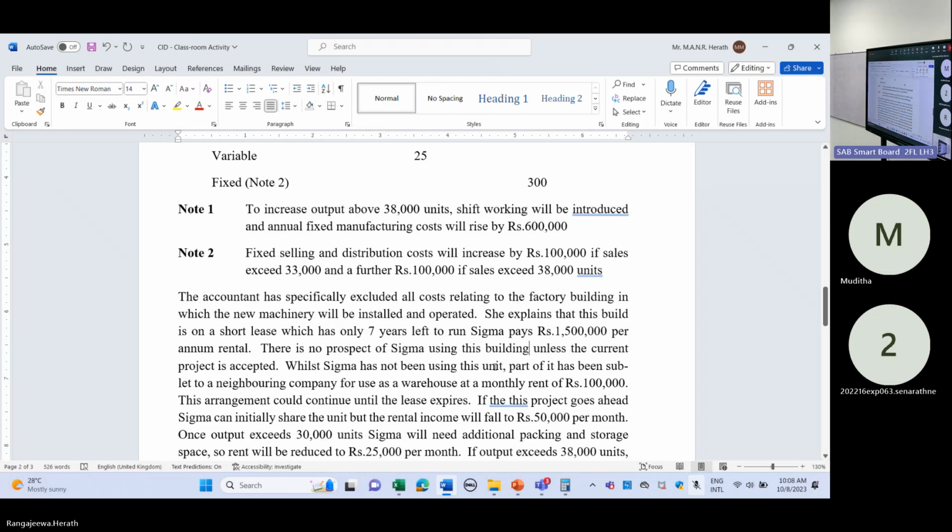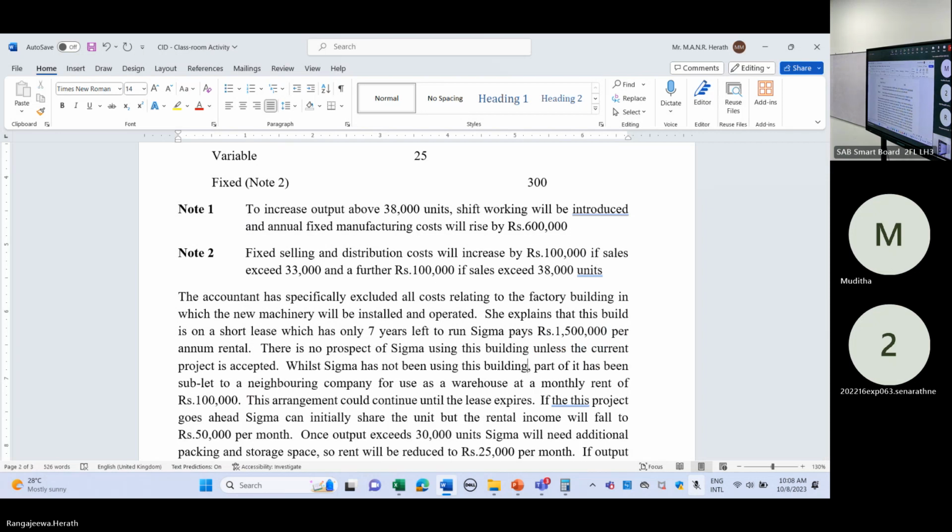Sigma has been using this building. Part of it has been sublet. This arrangement could continue. If this project goes ahead, Sigma can initially share the building, but the rental will fall to 50,000 per month. So by starting this project there is a decrease in rental income.